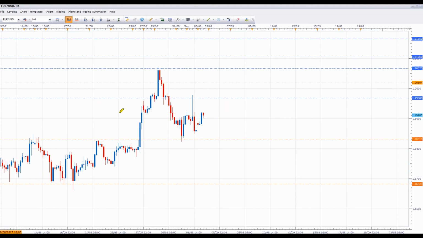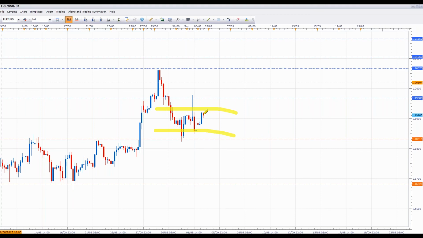However, based on what we're looking at in other pairs, we do want to look for longs in the Euro US dollar. So our problem really is that we're in a kind of range like this.